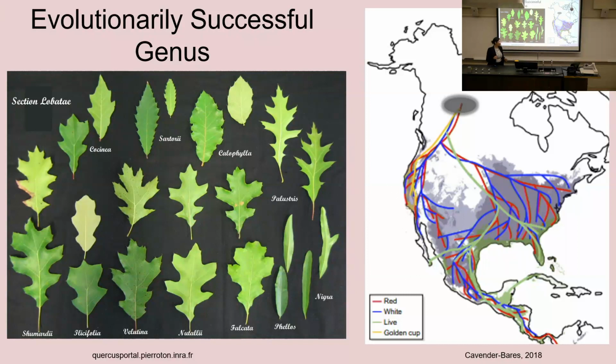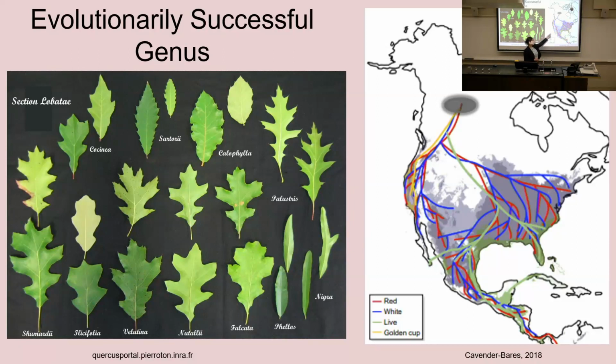And I also have shown here the radiation of the different sections of oak into North America. So around 40 million years ago, a common ancestor came over from Eurasia into northern Canada, and then these migrated down over millions of years.